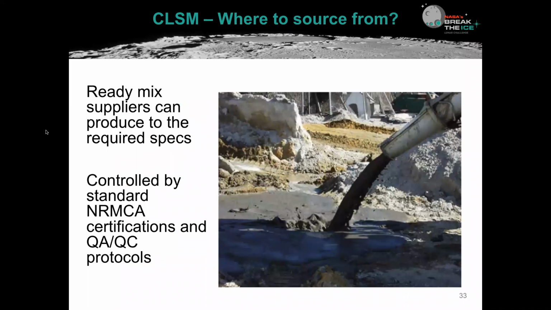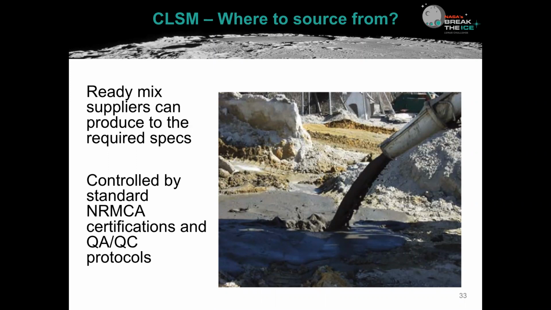So this is the last slide for me, and the question is, where do you get it from? Would you actually make it yourself? I would say it's probably a good idea to go to a ready-mix supplier, because they have a lot of experience producing it on a routine basis for projects, and their batching system is certified by NRMCA.